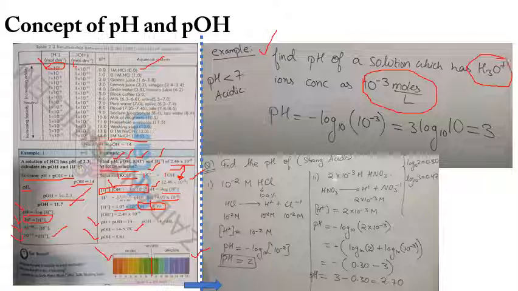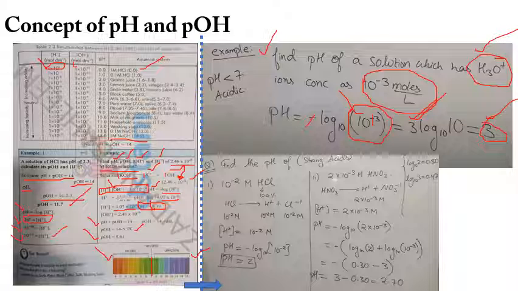Sometimes we are given H plus ion concentration, sometimes H3O plus ion concentration, because in water there is H3O plus ion. So we put the H3O plus ion concentration instead of the H plus ion concentration. So minus log 10 power minus 3: minus 3 will come first, minus multiply minus cancels. Log 10 power 10 is equal to 1. When 1 multiplies 3, the pH will be 3.